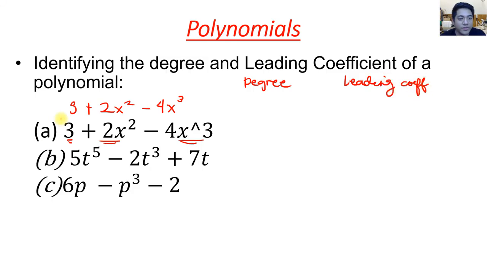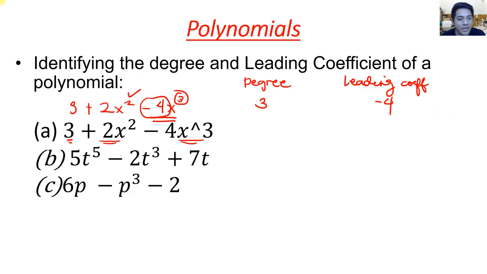The highest appearing power is 3, so this is a third degree polynomial. The leading term is negative 4x cubed, the term that has the highest degree, and the leading coefficient is negative 4.